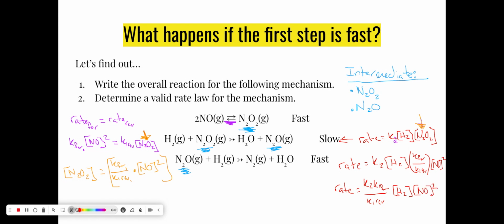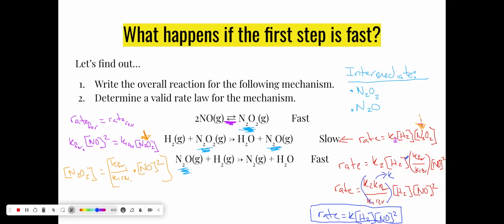Because this is all just a constant, if I multiply three constants together, I just get a new constant. So that can be simplified to just the rate constant. And our rate is equal to the rate constant times the concentration of H2 times the concentration of NO squared. And that is our rate law for this mechanism.